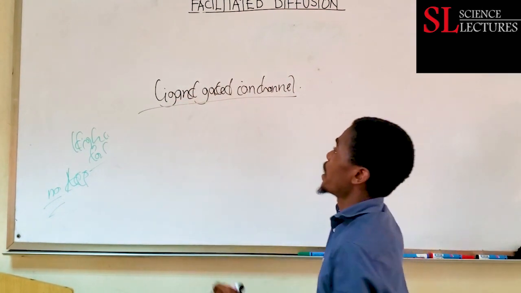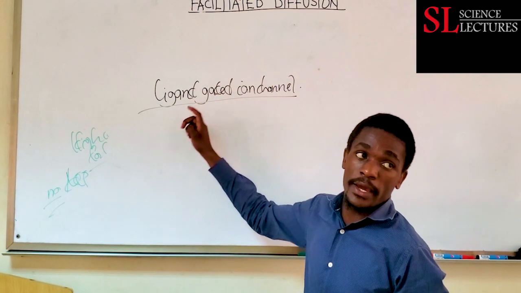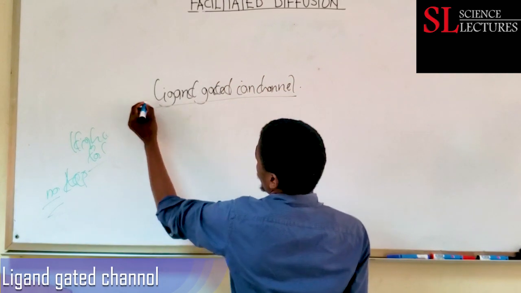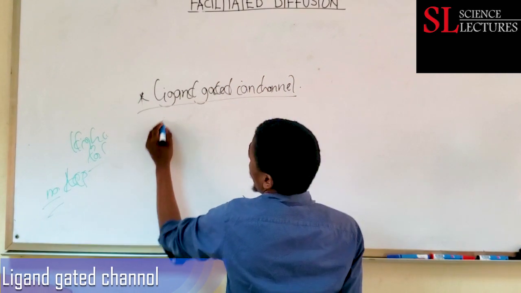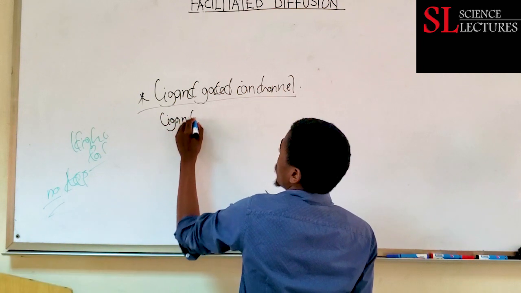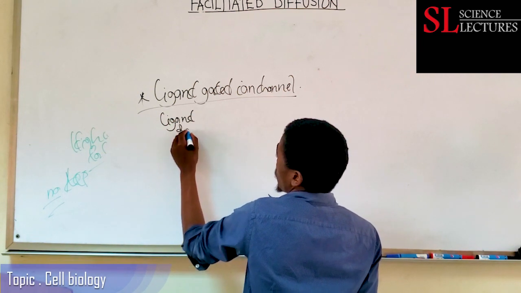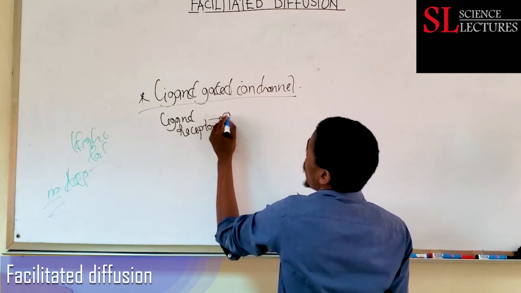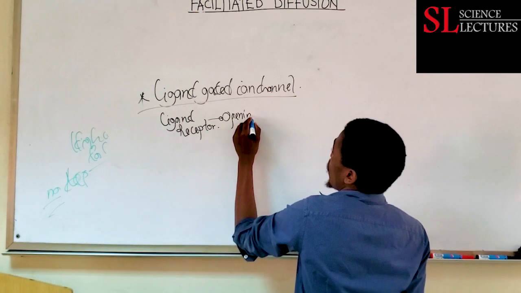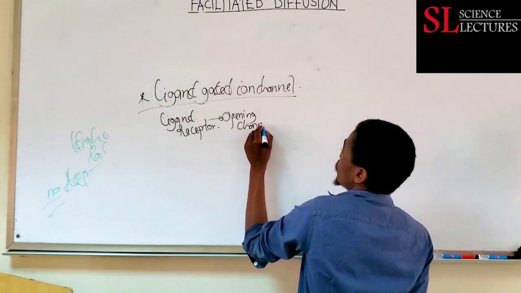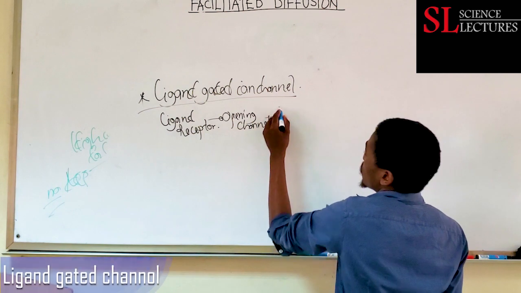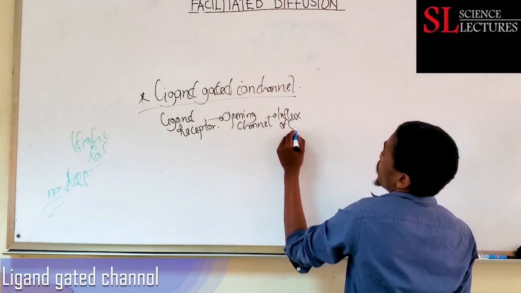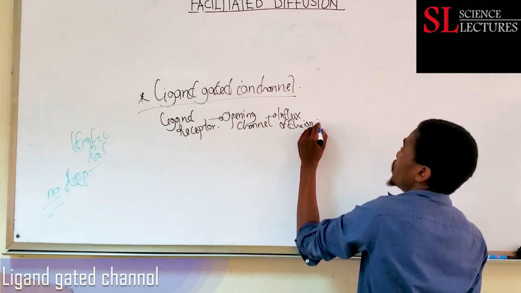So this one has the words ligand and gated. That means we need a ligand, and a ligand attaches where? A ligand attaches to a specific receptor. So in this type of facilitated transport, we'll have a ligand attached to a specific receptor, and when it attaches, this will cause opening of the channel, and we'll have influx of the ions required.